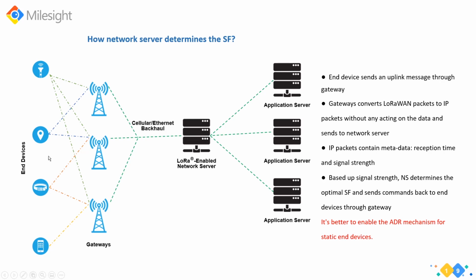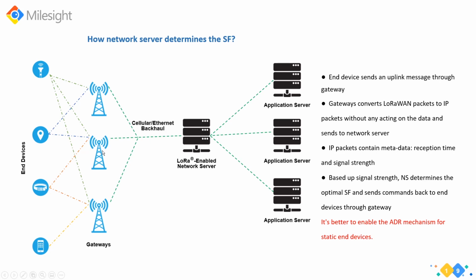First, the end device sends an uplink message through the gateway, right? So the gateway here simply passes the message to the network server without any processing, without acting on the data. So the gateway is dumb in a LoRaWAN network.